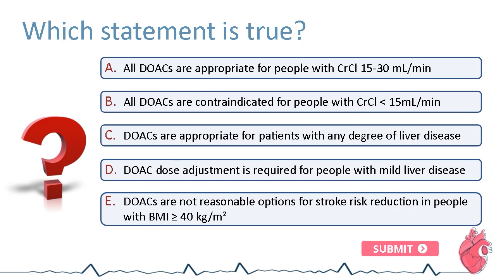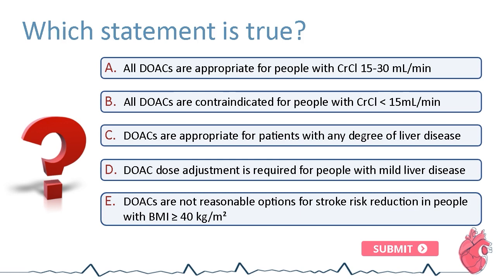So time for another question. Which statement is true? A, all DOACs are appropriate for people with a creatinine clearance 15 to 30 milliliters per minute. B, all DOACs are contraindicated for people with a creatinine clearance less than 15 milliliters per minute. C, DOACs are appropriate for patients with any degree of liver disease.